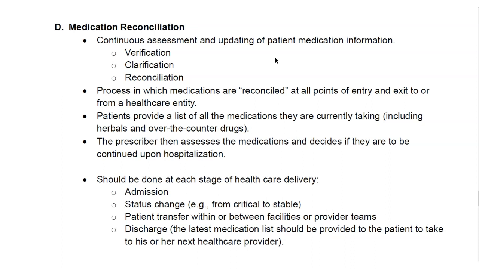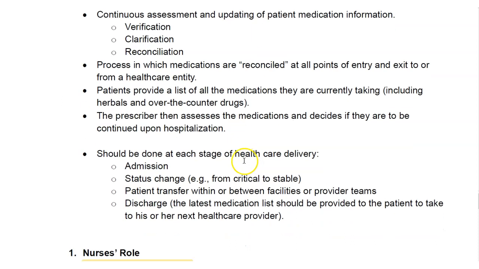Then the prescriber assesses the medication and decides whether to continue it or not. This should be done at any stage of healthcare delivery: initially during admission, any status change, if they change into a more critical condition or become more stable, whenever they're transferred from one unit to another, or from another facility to another, and also at discharge.